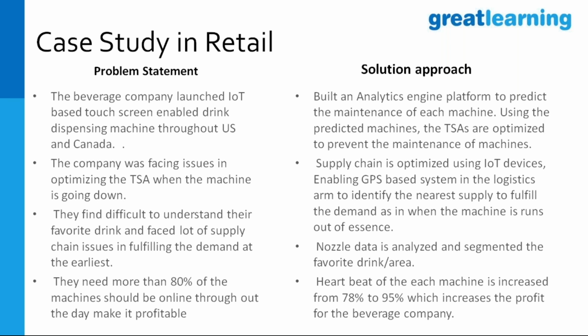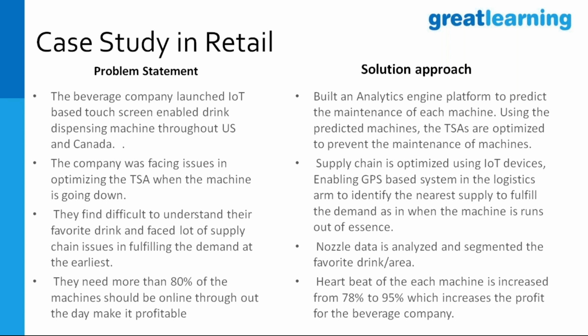And in terms of supply chain, we keep tracking each of the nozzle data. Once 90% of the nozzle data is used up, automatically a message is sent to the nearest supply chain person, who will address it immediately by refilling the nozzle, so that customers from that region will not move ahead to different soft drinks.